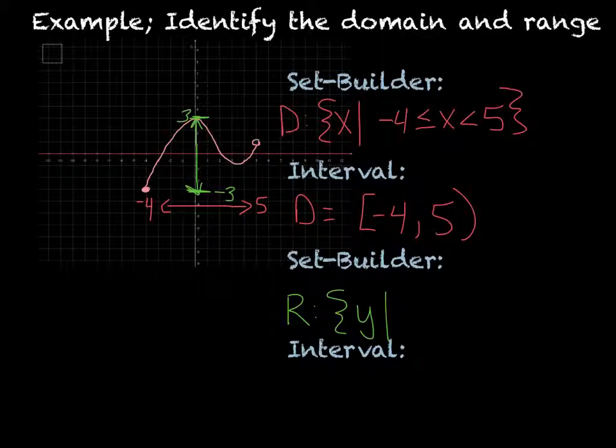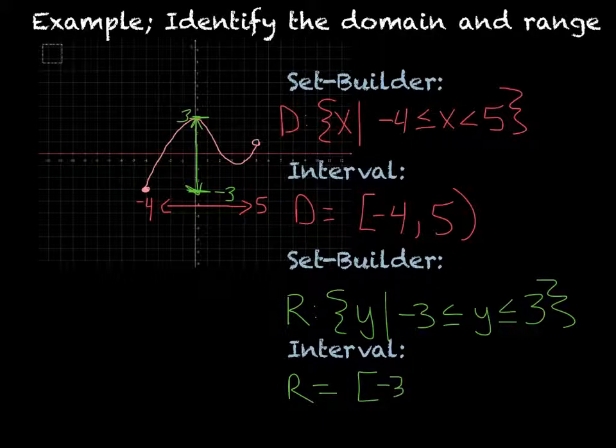All right, and it includes both of those points. So my final answer would be negative 3 is less than or equal to y is less than or equal to positive 3. End my set. Interval notation of this, because both of them are less than or equal to, my range is going to equal square bracket negative 3 to 3 square bracket, because it includes both ends.